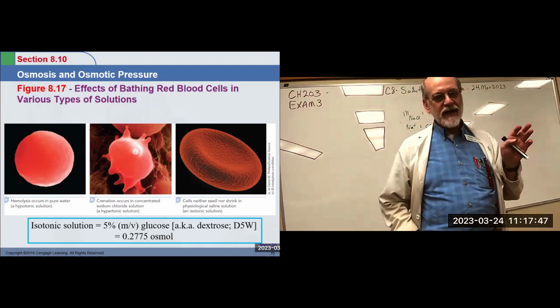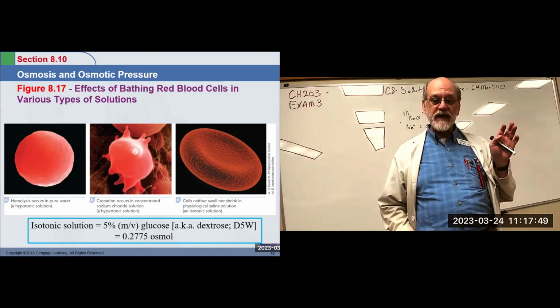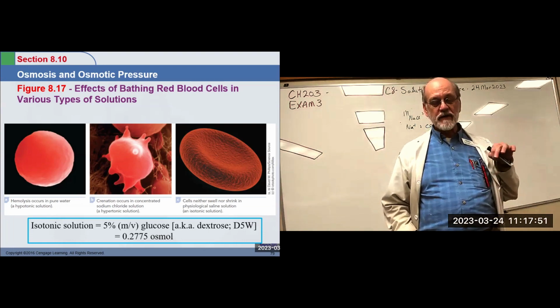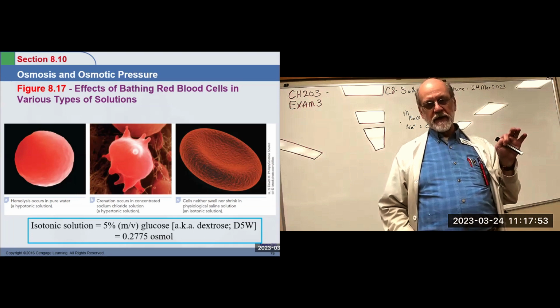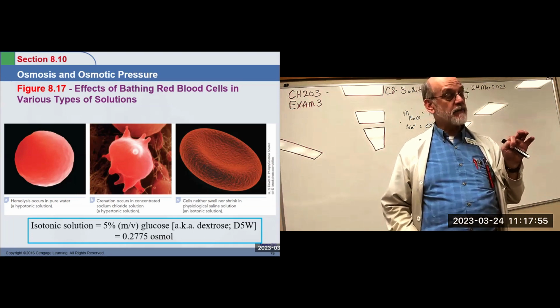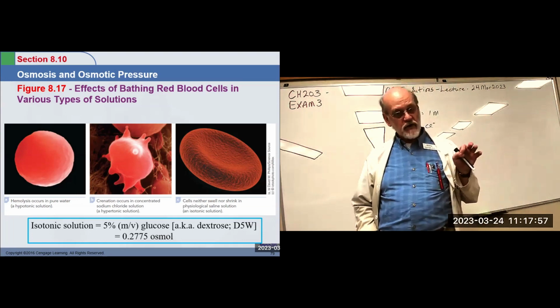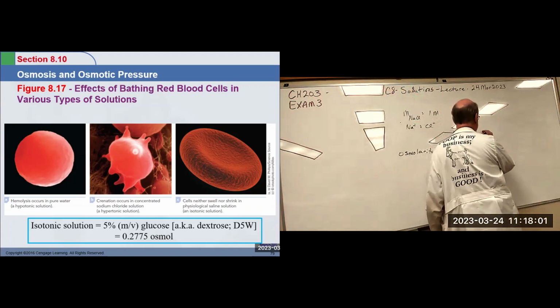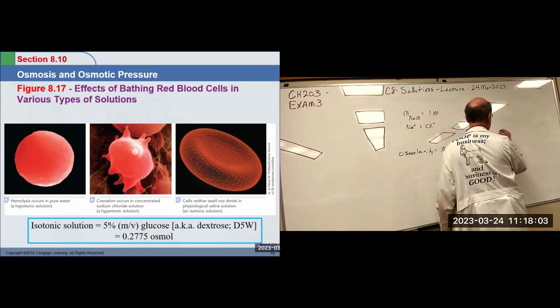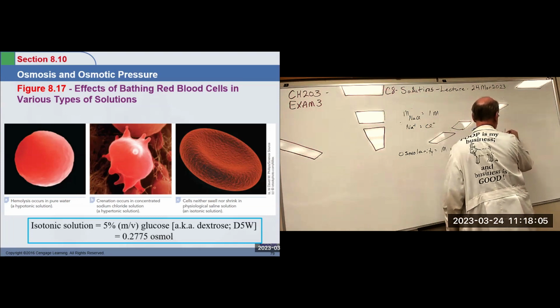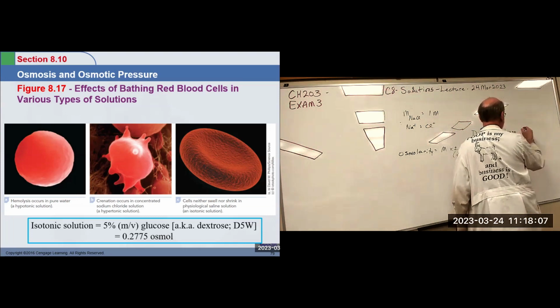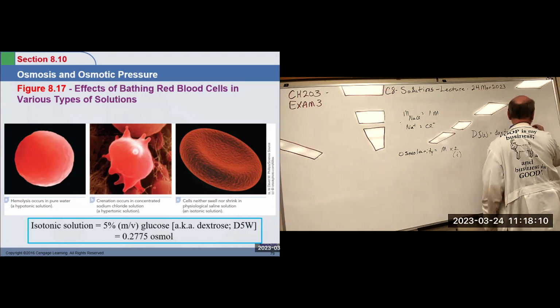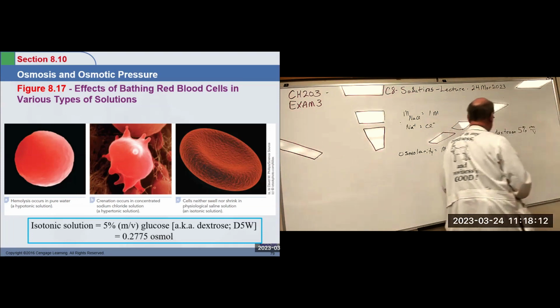But if they're not diabetic, then you can use a 5% mass to volume glucose solution. And this is abbreviated D5W. D stands for dextrose. D5W is dextrose, 5% mass volume.